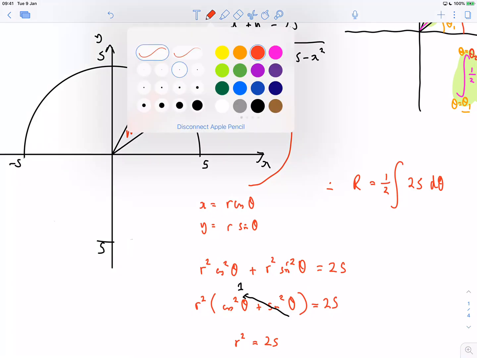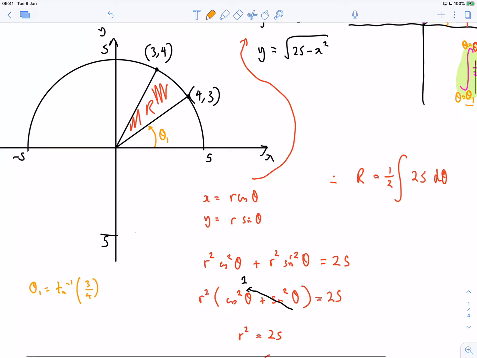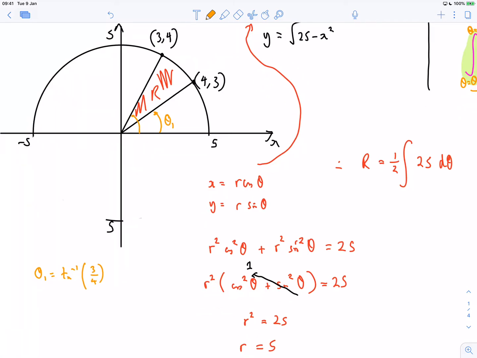Theta 1 is clearly the inverse tan of opposite, which is 3, over adjacent, which is 4. And theta 2 is clearly inverse tan of opposite, which is 4, over adjacent, which is 3.